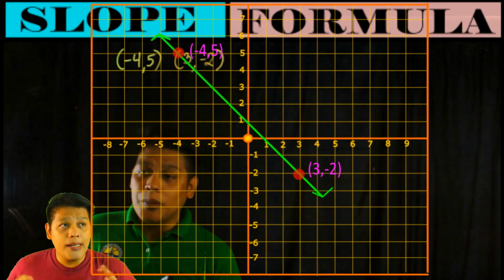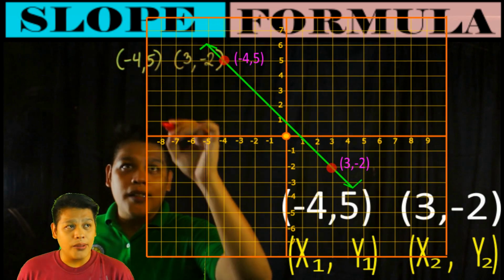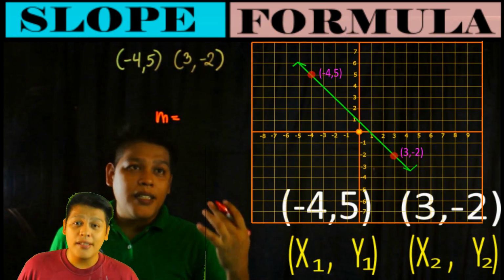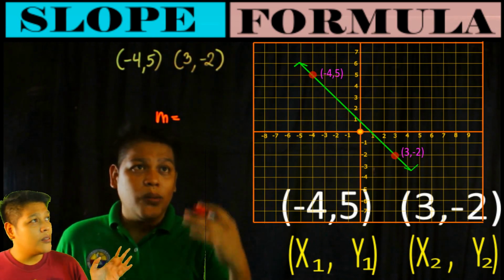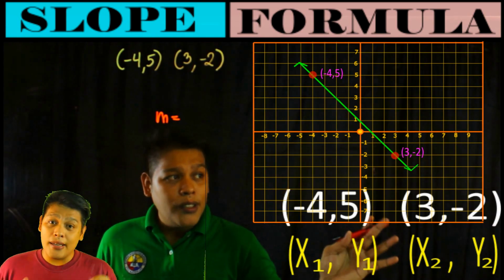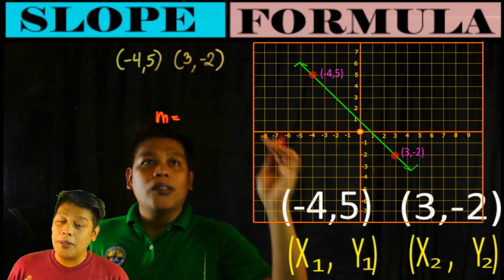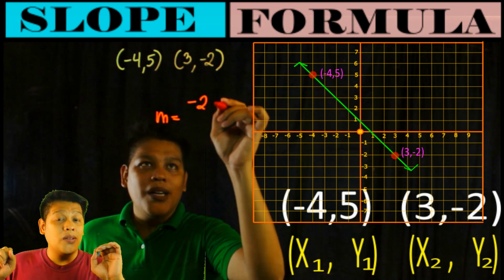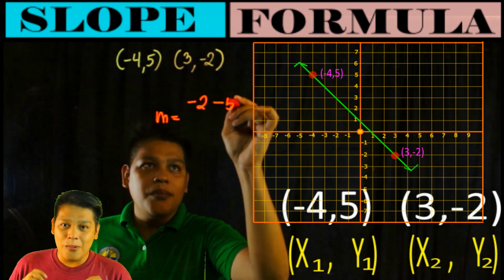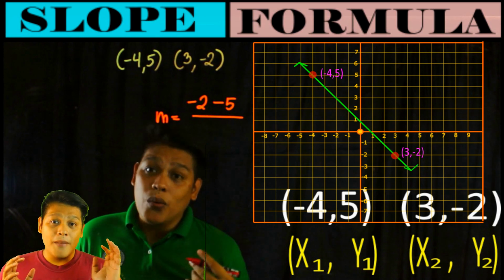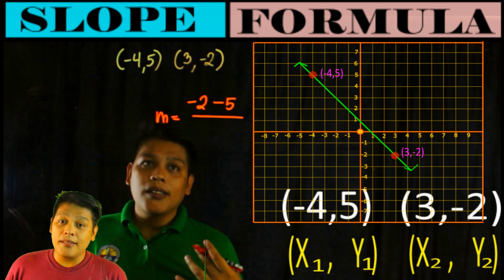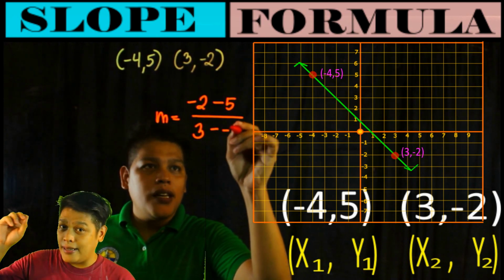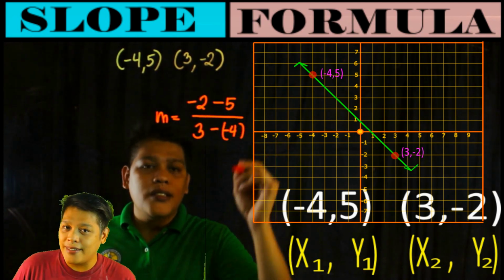Dito naman, sa example na ito, siya naman is rising to the left, falling to the right. Again, using the slope formula, m equals y sub 2 minus y sub 1 over x sub 2 minus x sub 1, I got a negative slope because it is rising to the left, falling to the right.